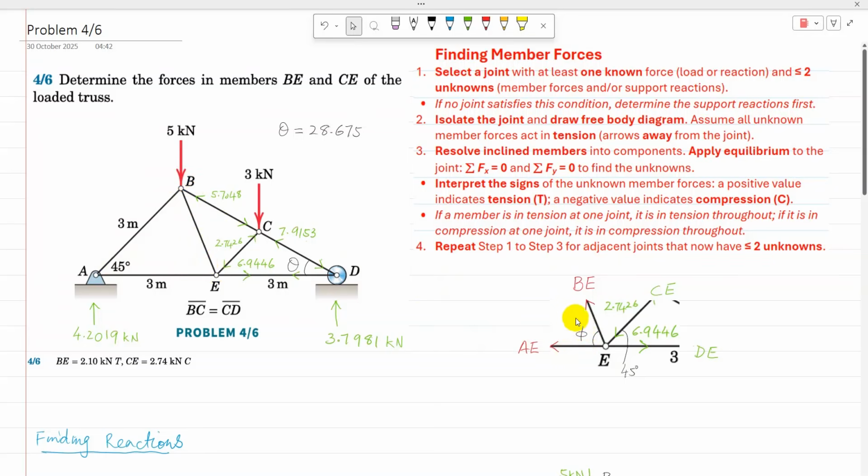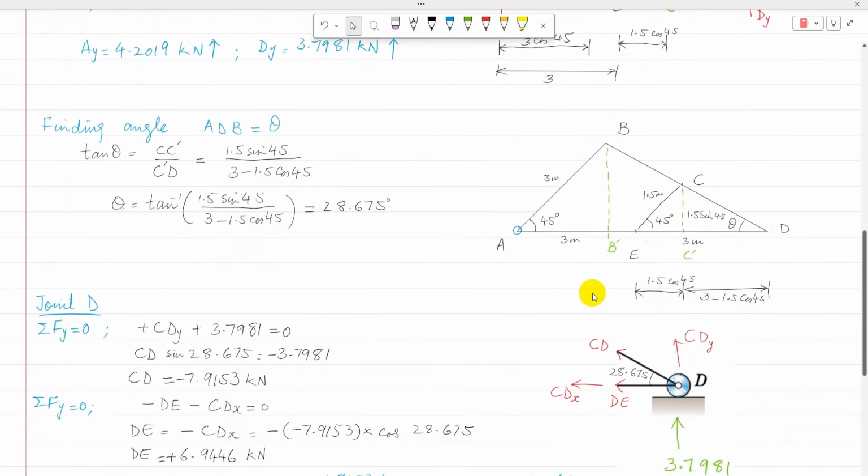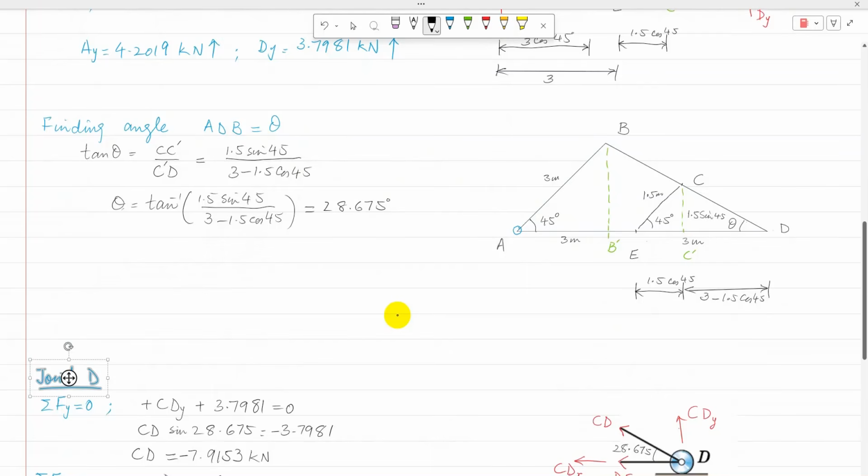BEA first, so we can resolve that BE into its components. So here again I'm going to use this to find that angle phi now. So this angle BE, which is phi, is required. So now that is 3.